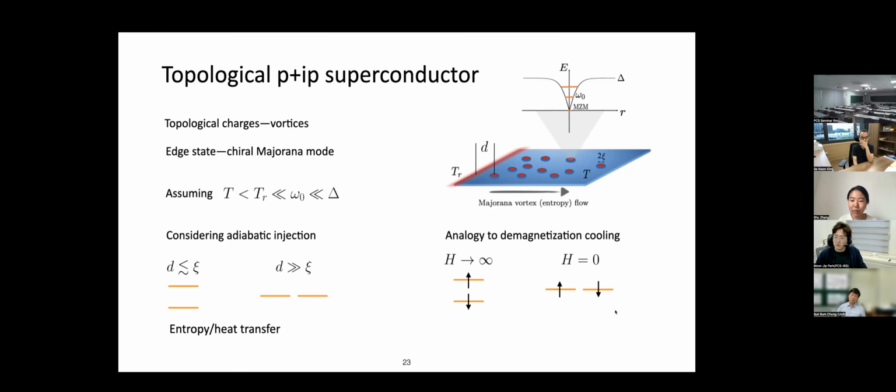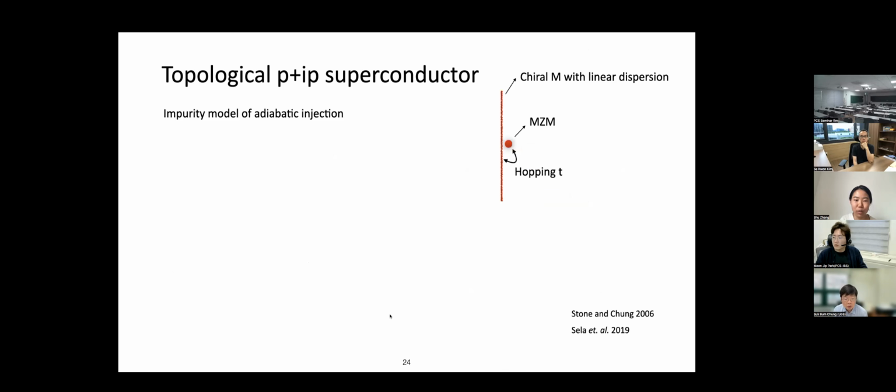So in this way, there is an entropy transfer or a heat transfer from this spin 1/2 to the system nearby, and that's how people have achieved demagnetization cooling. So very similarly here, by injecting a Majorana vortex into the system, there must be an entropy transfer.